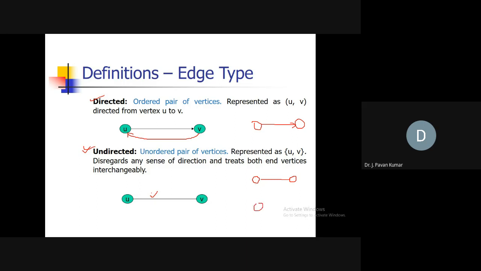Let us say we are having three vertices. We can classify it as a directed graph. Why? Because an undirected edge can also be changed into a directed one by putting two edges in both the directions. Like this we can convert a combination also into a directed graph.